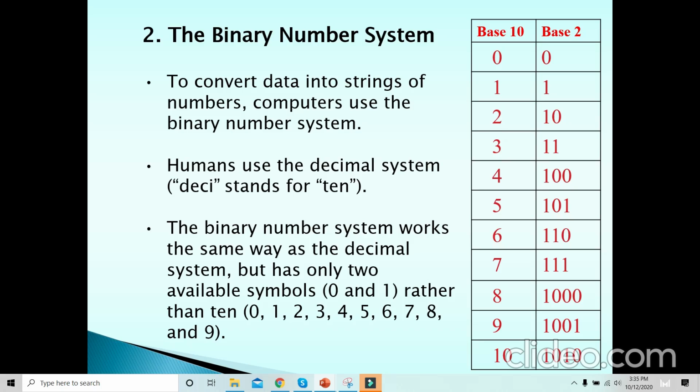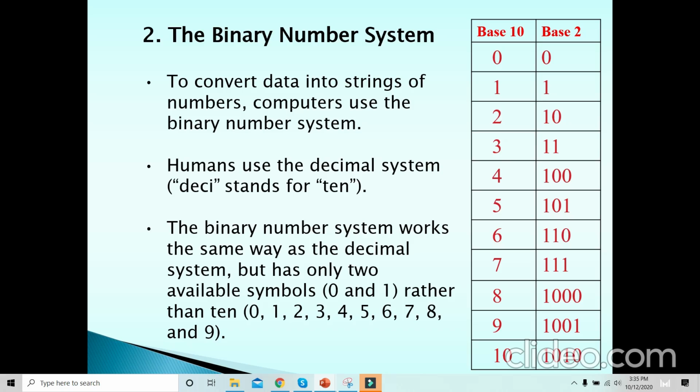So when you see 2, the equivalent in binary is 10, not 2. And so on and so forth. Let's say, for example, we have 10 in the decimal number system. When you convert it into the binary number system, it will be 1010.